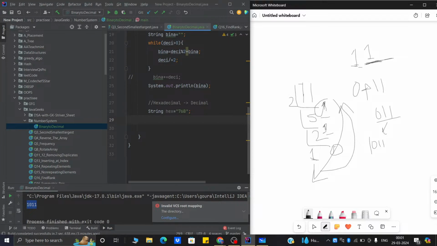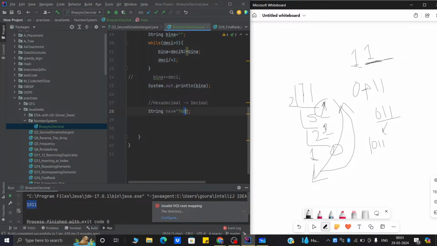We have to start a for loop. Okay, so as it is converted to decimal, we will store all the numbers as decimal.